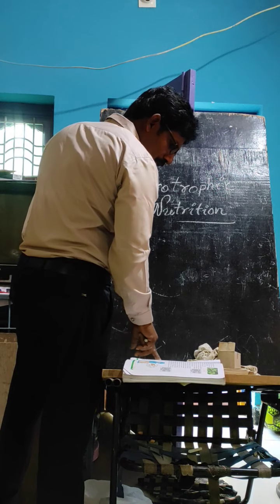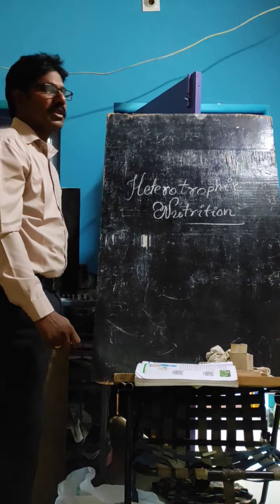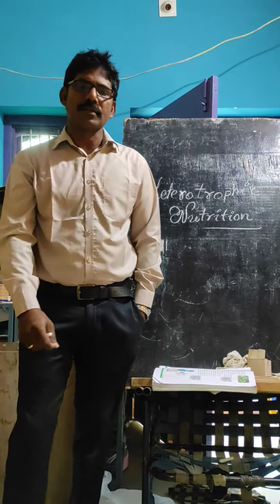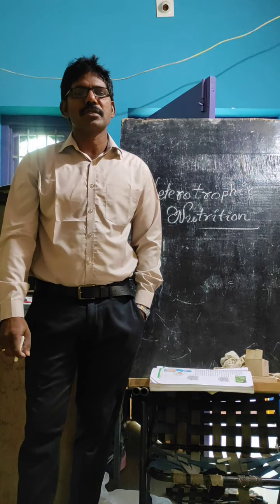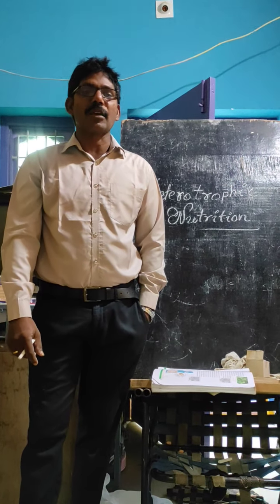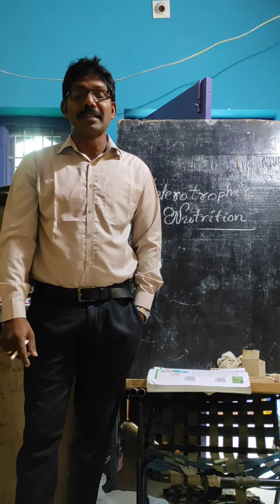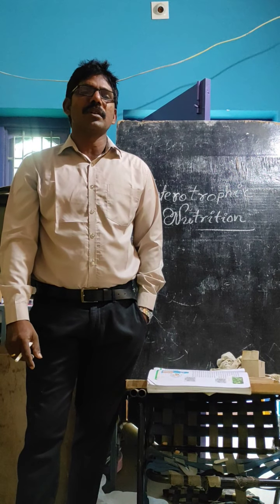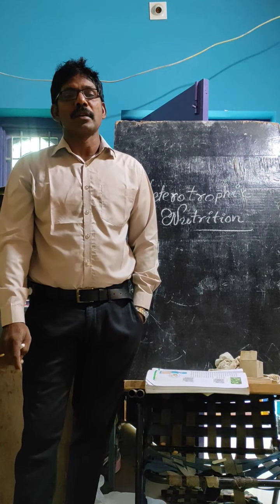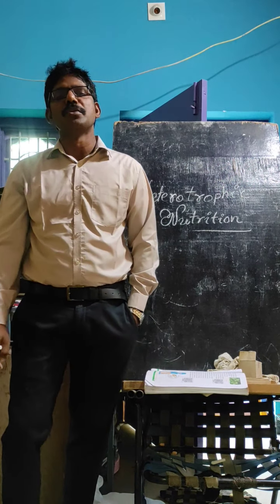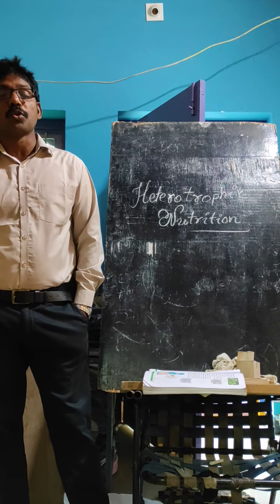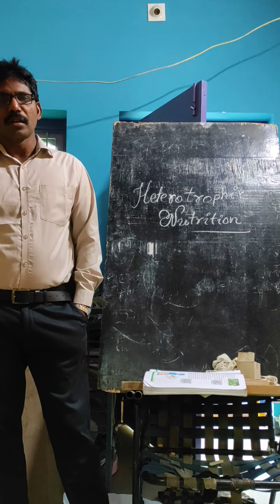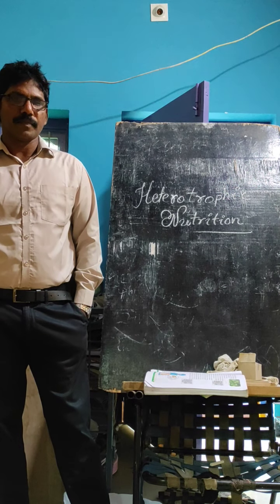Listen, in nature, plants are the autotrophs. Why? Because by the process of photosynthesis they acquire their own food material without depending upon anybody, and that is why plants are called autotrophs, and such nutrition is called autotrophic nutrition.